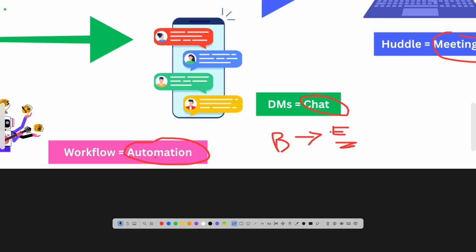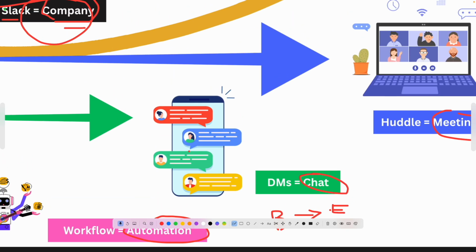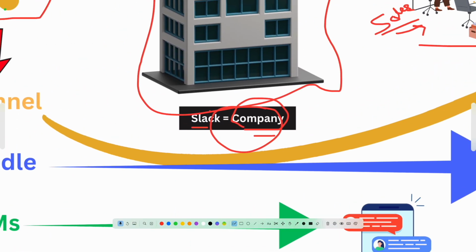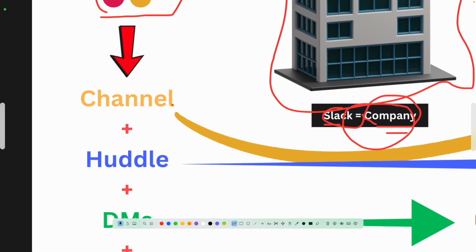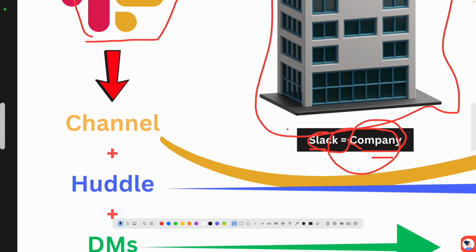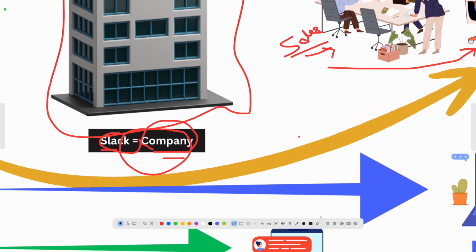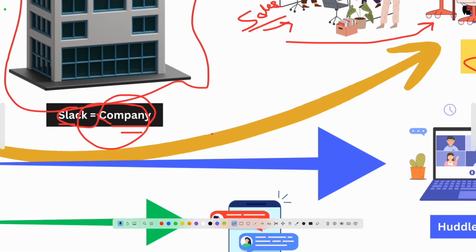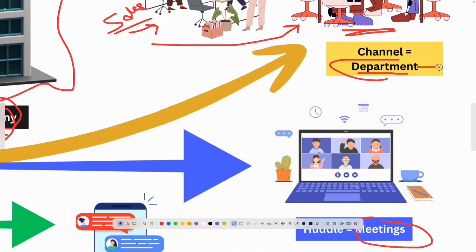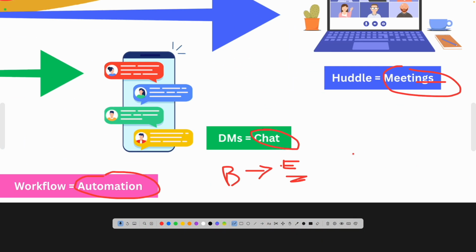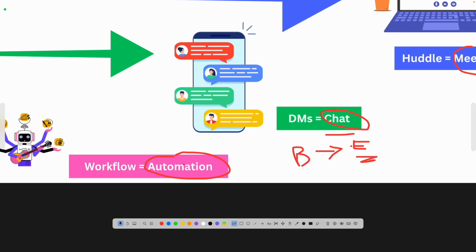So in any company automation is also possible. That is what Slack is. Slack is basically a digital company where you can do plenty of tasks. You can have your departments, meetings, chat, and automation.